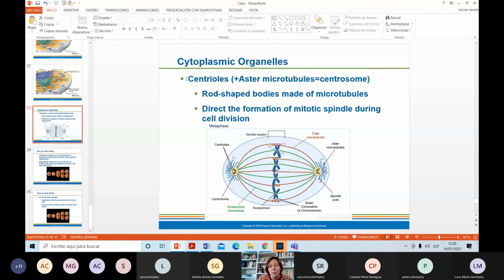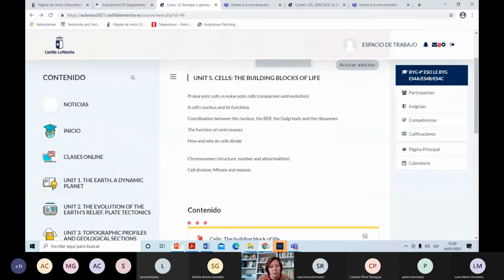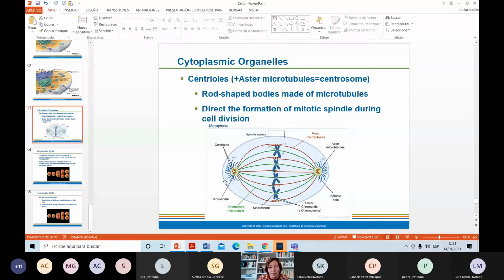And the last one would be this one. There are the centrosomes. Notice that here it says, after coordination, the function of centrosomes. We said that centrosomes are this structure formed by centrioles and the fibers, aster microtubules or aster fibers.